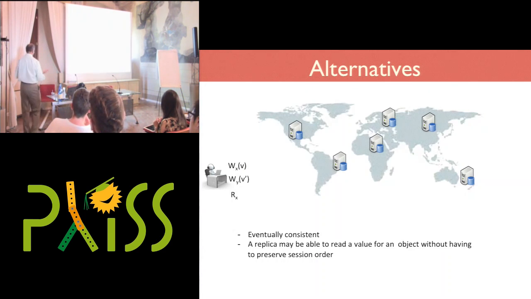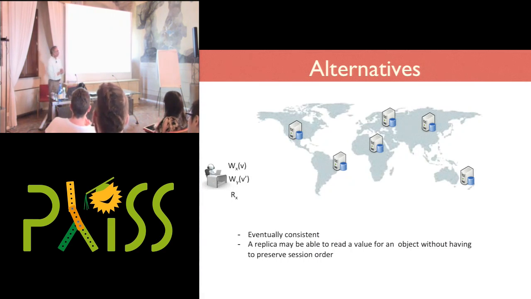To overcome this, to rationalize this tension, to come up with some way to make progress, we can do something else, which is to say anything goes. What does that mean? Well, here's a client issuing a series of requests to a database, which is now distributed over the planet.